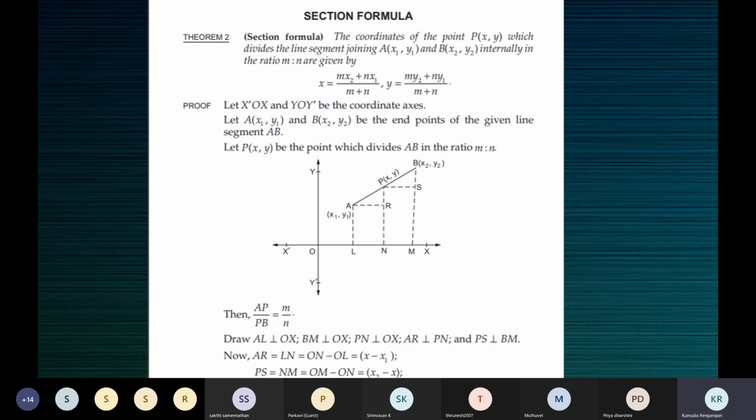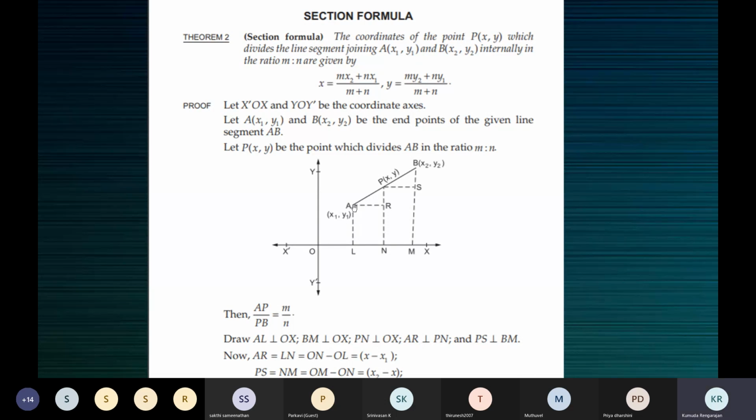Similarly, the section formula was derived to find the coordinates of the point of division. P is called the point of division. But later you will see that you can use it for other things also. What other things, we'll see when we take up problems.